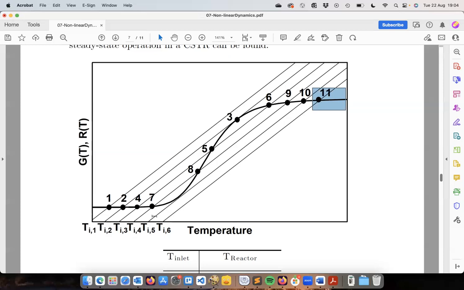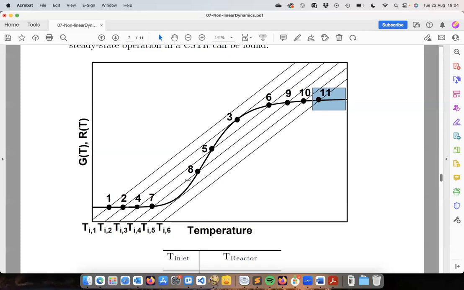So again, if we start just to the left of TI5, and we are, let's say, at TI4, we can see we have available 3 steady states, 7, 8, and 9. One of those is unstable, but it's still a steady state. 2 of those are stable.